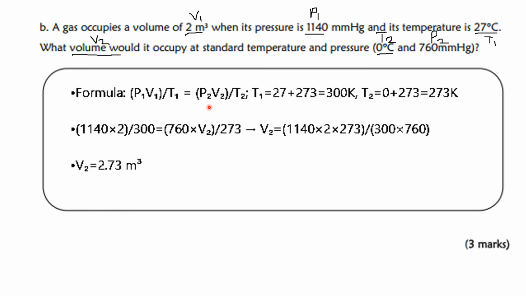So all you have to do now is to substitute these values into the equation and calculate V2. So that shouldn't be an issue. Solve the equation to find V2. So V2, which is the final volume, will be 2.73 cubic meters.